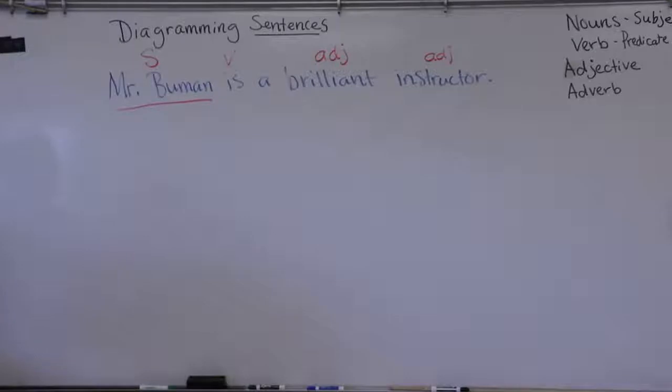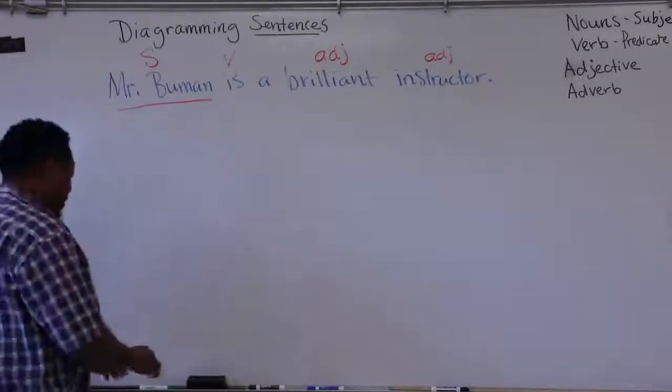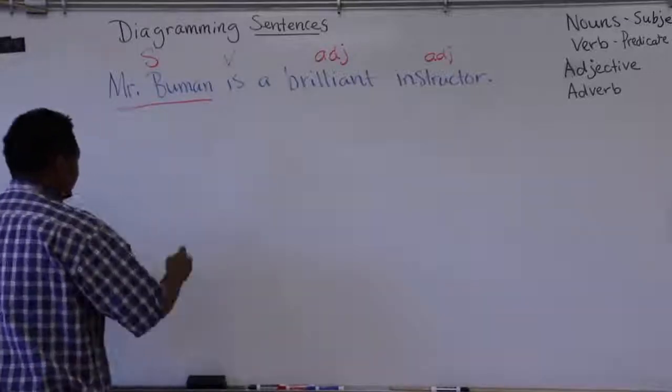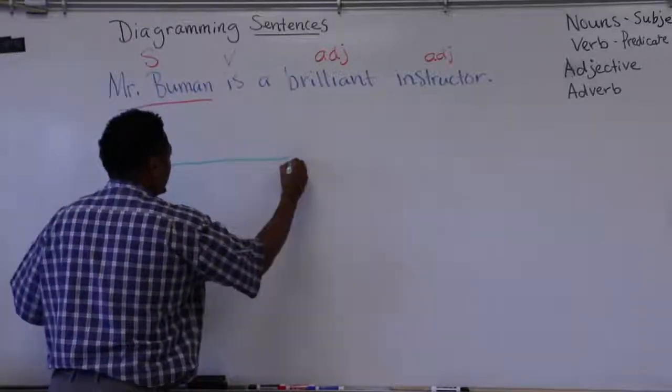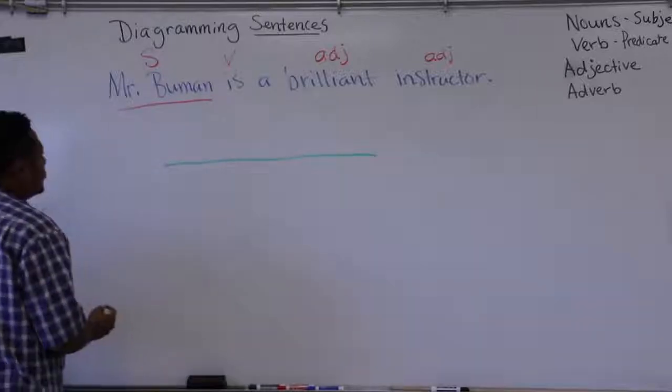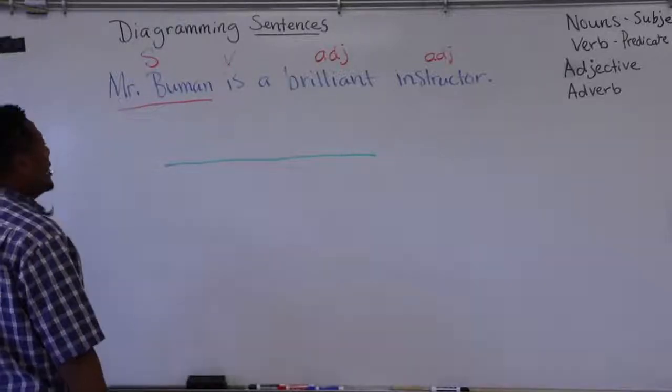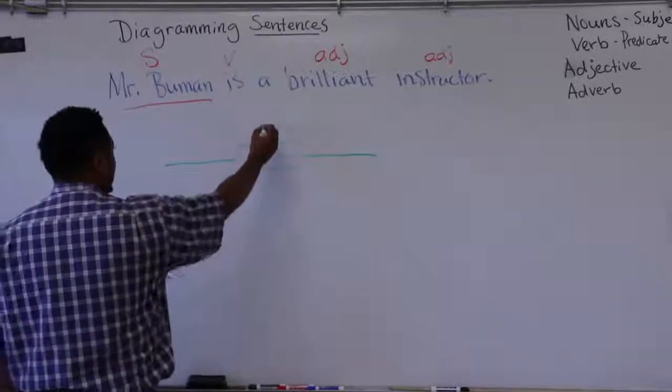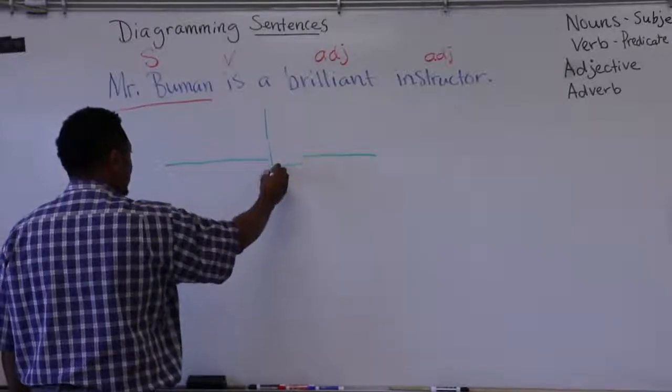So to diagram this sentence, we would start with our baseline. And then our vertical line that goes straight through the baseline.